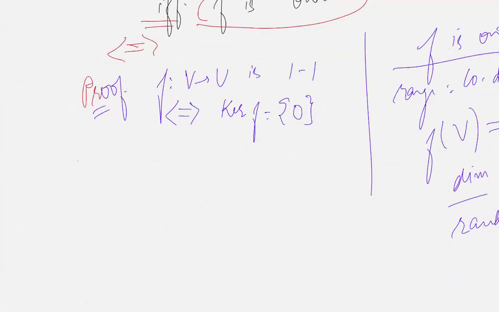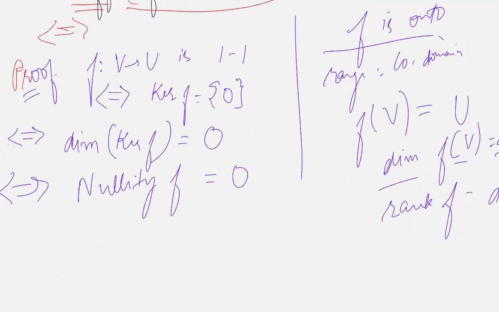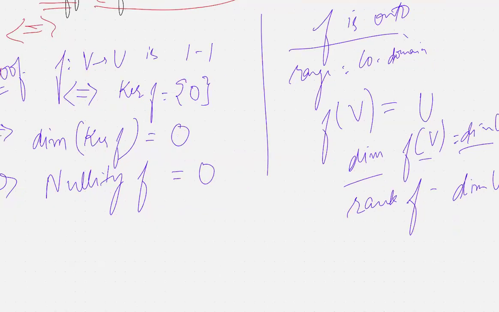So that means this is possible if and only if dimension of kernel F is equal to 0, which means nullity F is equal to 0. So nullity F is equal to 0. Now we can write down what happens when nullity F is equal to 0 in the rank nullity theorem.